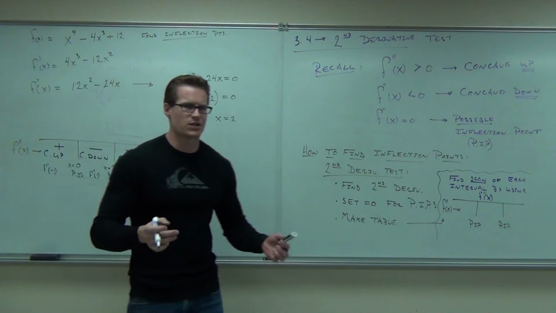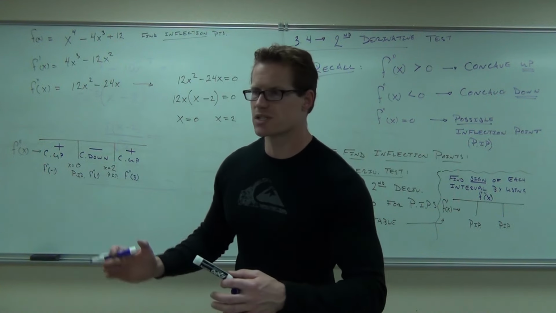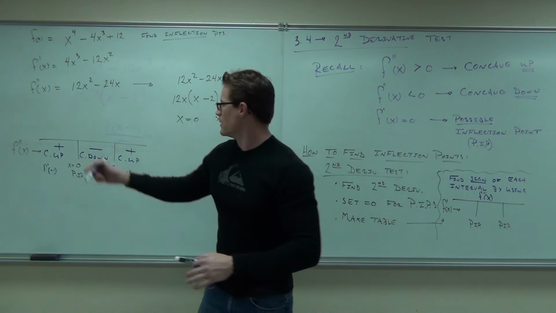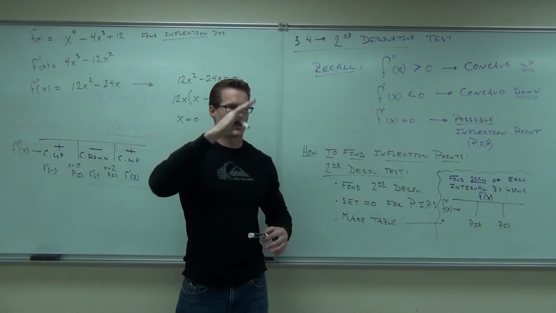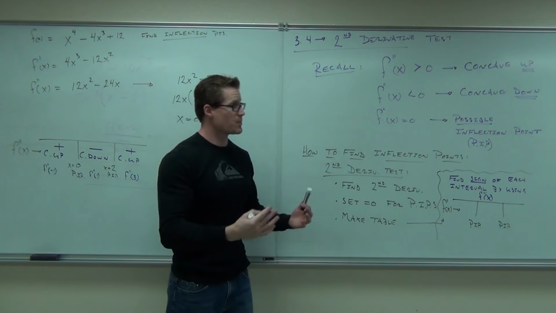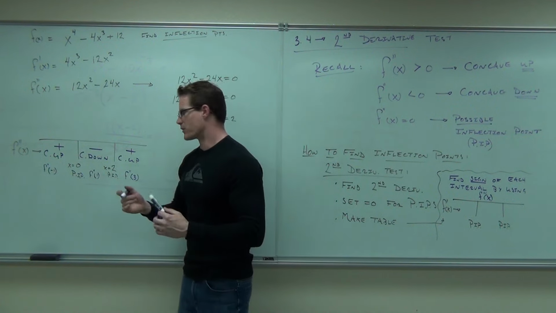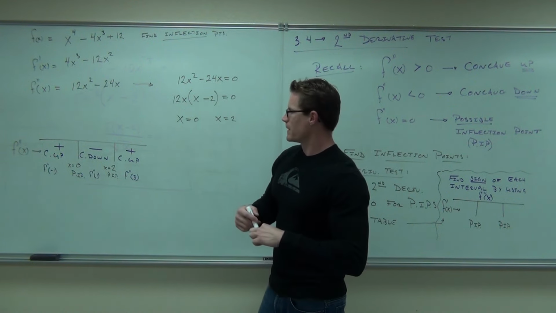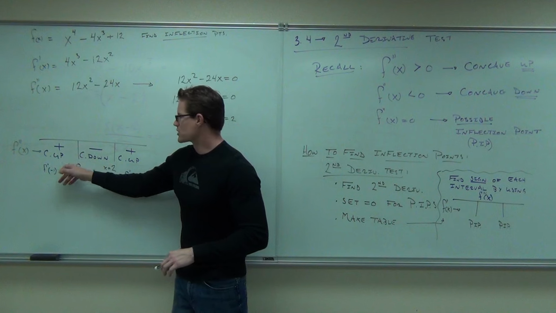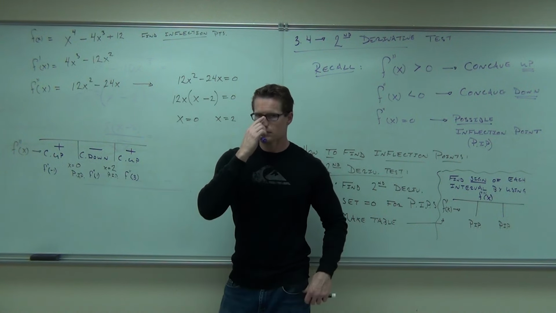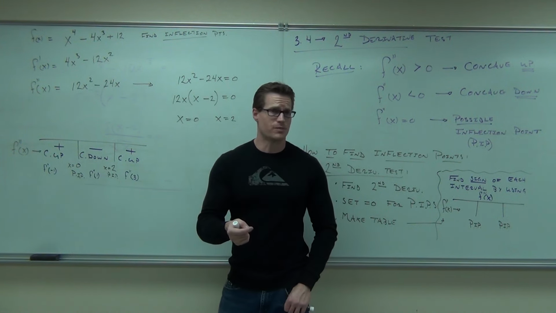I don't mean increasing, decreasing, right? We talked about that earlier. Increasing means the function's going up. Concave up is the shape of the graph, not necessarily whether you're going higher or lower, but how it's shaped. That's the difference. Now, question: is that an actual inflection point? Does the concavity change, basically?